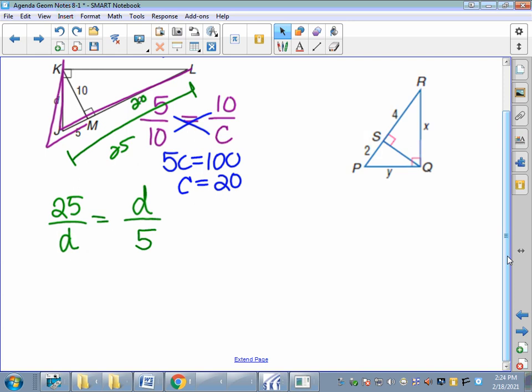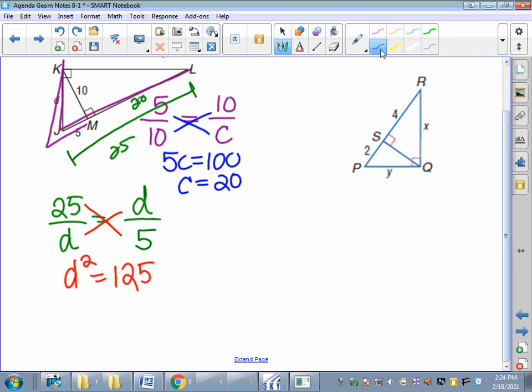This one, we end up getting D squared equals 125. When we break that down, D is exactly 5 roots of 5. If we were to go to a rounded value, we'd end up with something like 11.18. So that one had both of them in there.